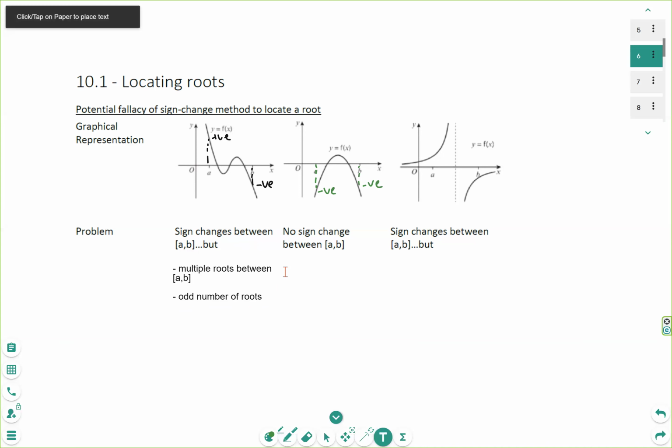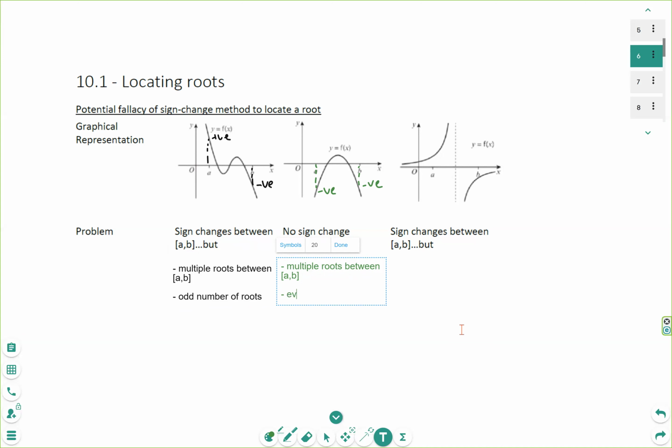So what does that mean? If there's no sign change between A and B, it could potentially mean, again, there are multiple roots between A and B. But if there's no sign change, we will say there are an even number of roots, as we just looked at before in the previous investigations. Now the last one.